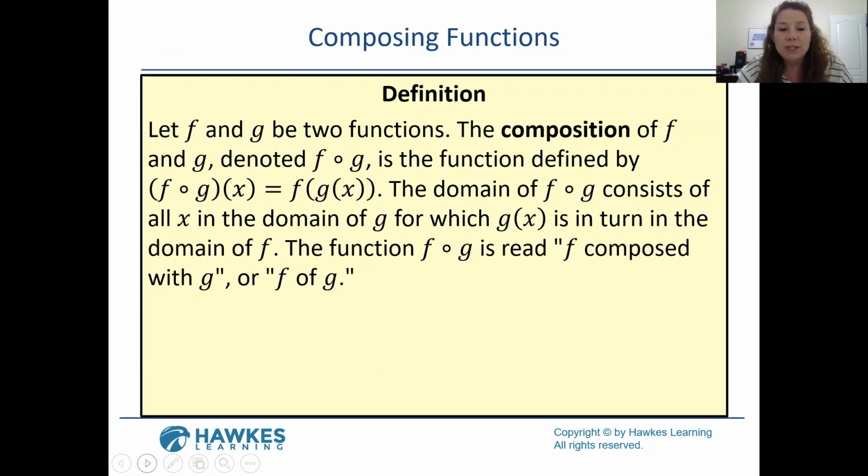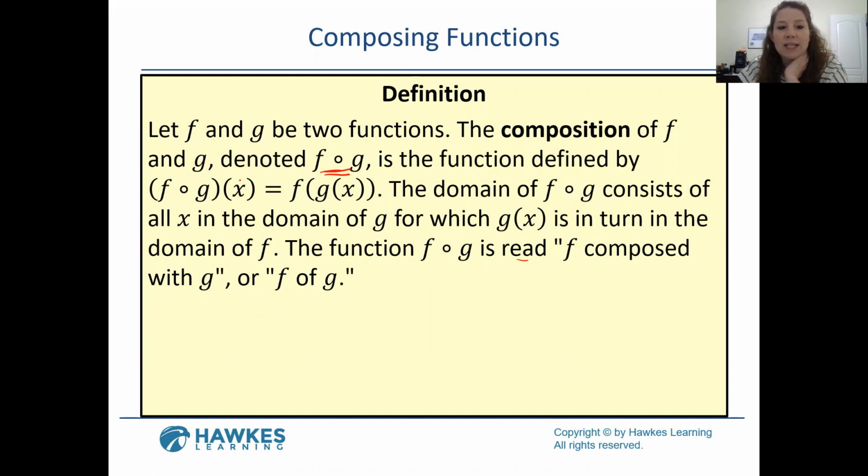So composing functions. Let f and g be two functions. The composition of f and g, denoted f... Let's see. Does it give us a definition of that word? Oh, it says it's read f composed with g. So that's how this is read. F composed of g is the function defined by f composed of g of x.